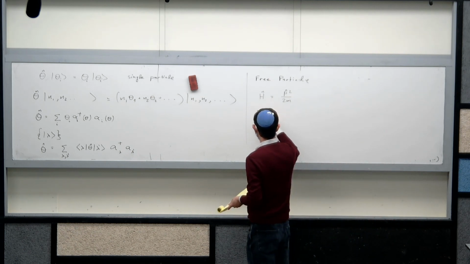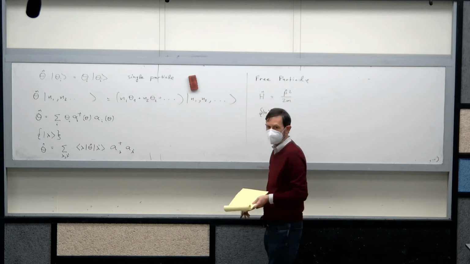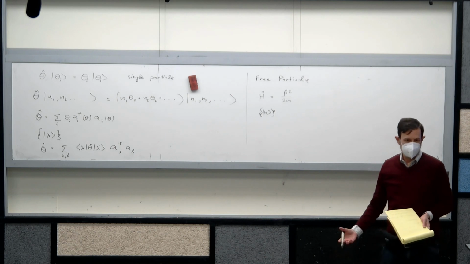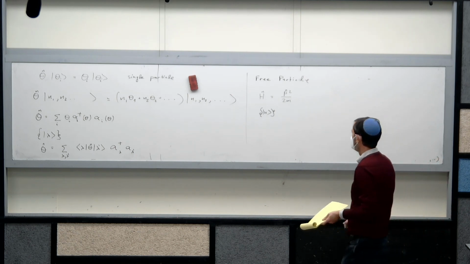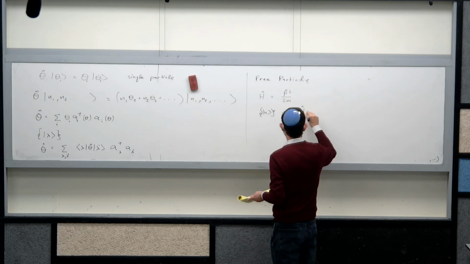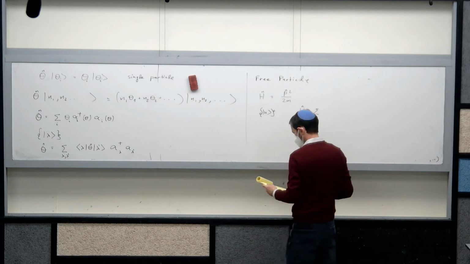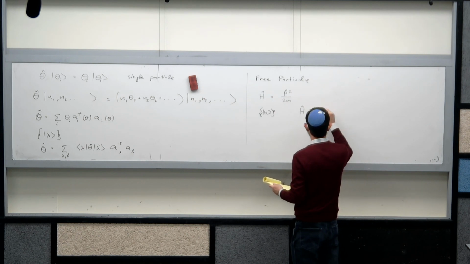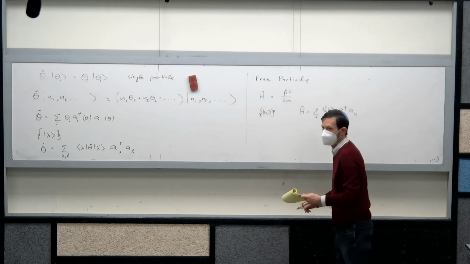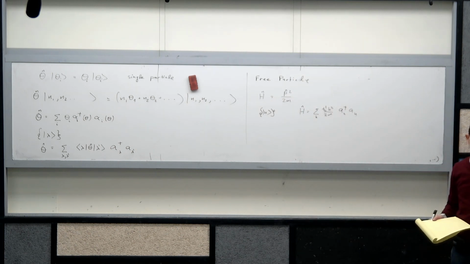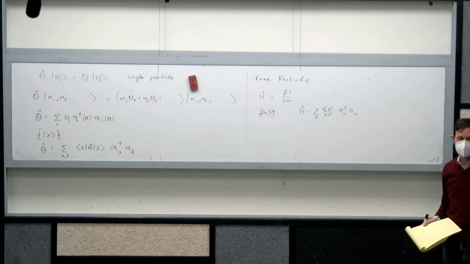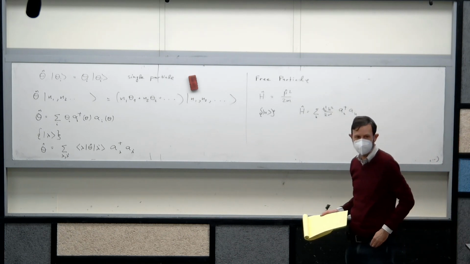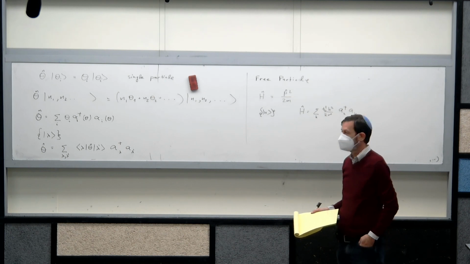If I'm using the momentum basis, tell me how many particles I have at k state, k equals something, then how many I have at another k, and sum up all the momenta. Okay.